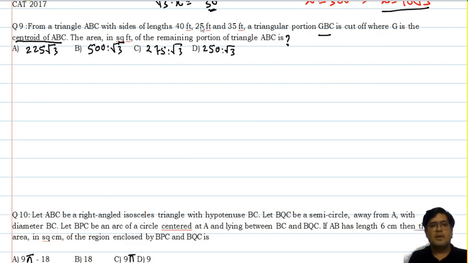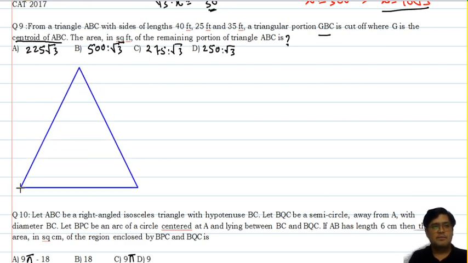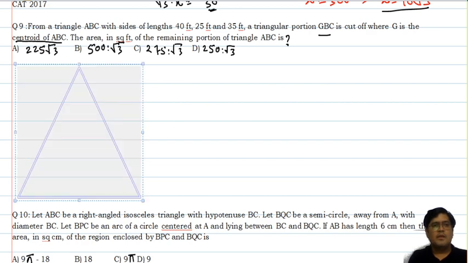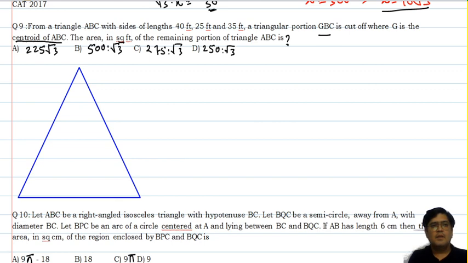Now, we have been given a triangle. We have been told that some area has to be cut off from this particular triangle, and the area is being cut off from the point we call centroid, G.